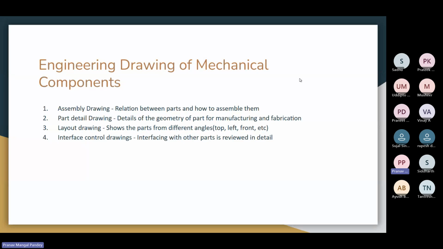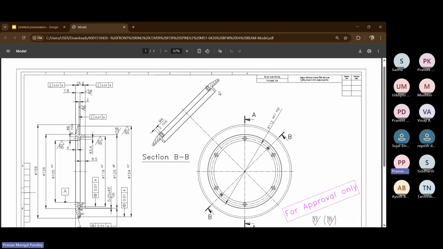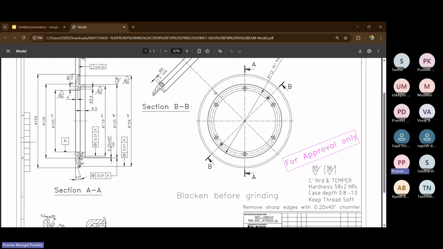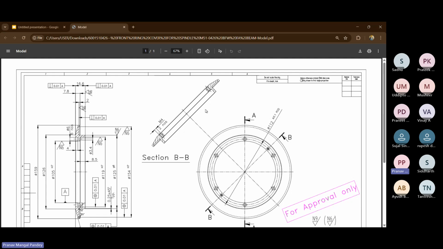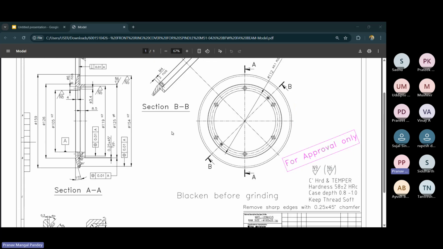Part detailed drawing is something, let me show you. So this is a design of a ring. Okay, this is what I found from Tata Motors. So this is a simple ring.